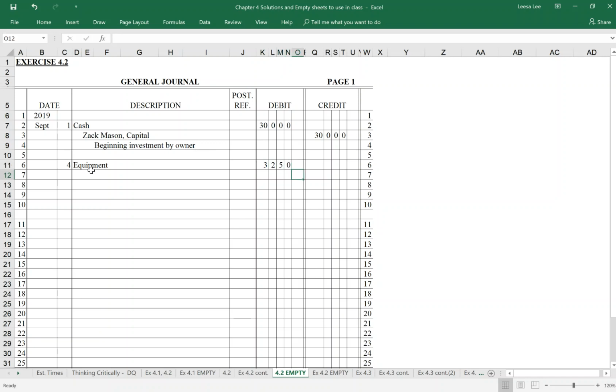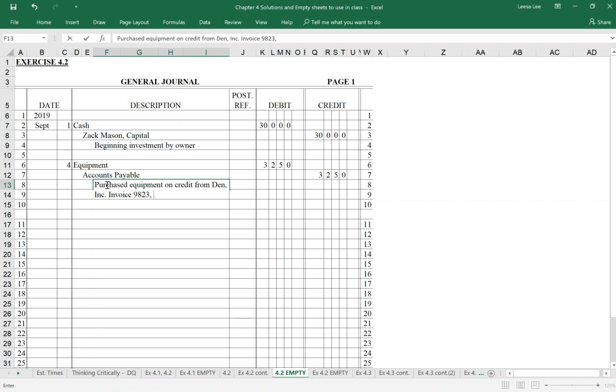And we did not pay cash for that. We promised to pay Den Inc. in 30 days. So that would be accounts payable. A description there would be purchased equipment on credit from Den Inc. The invoice number is super important because that's our trail of information if we had to look through and find what invoice was there.